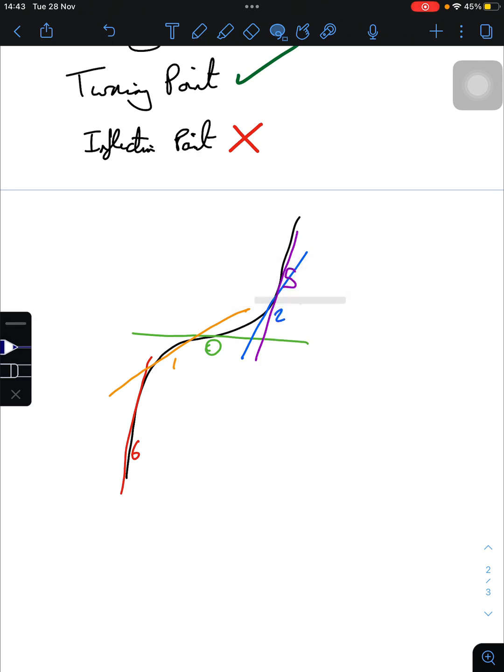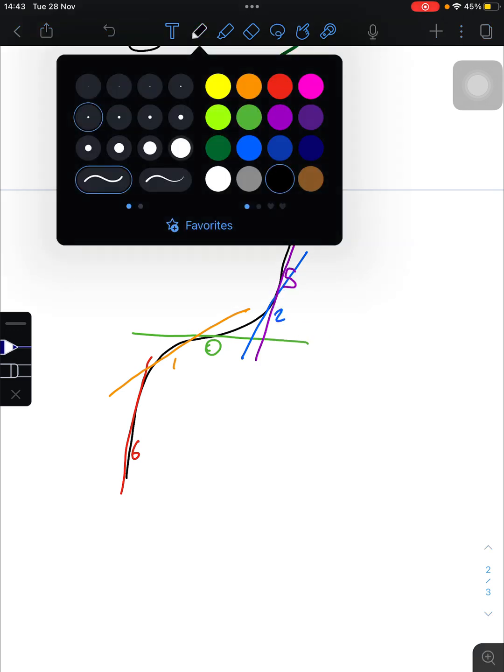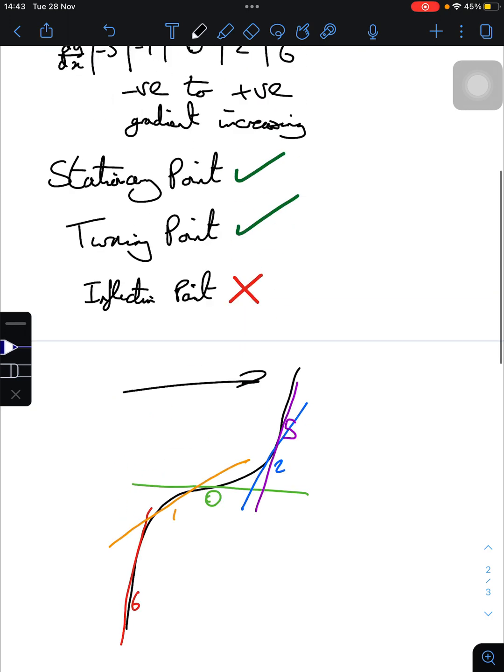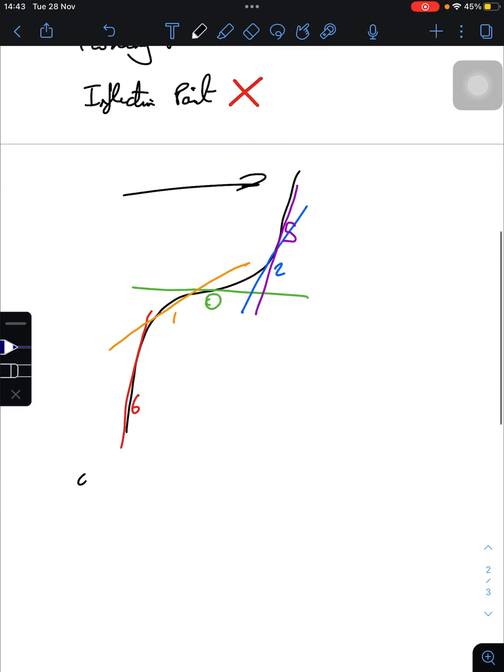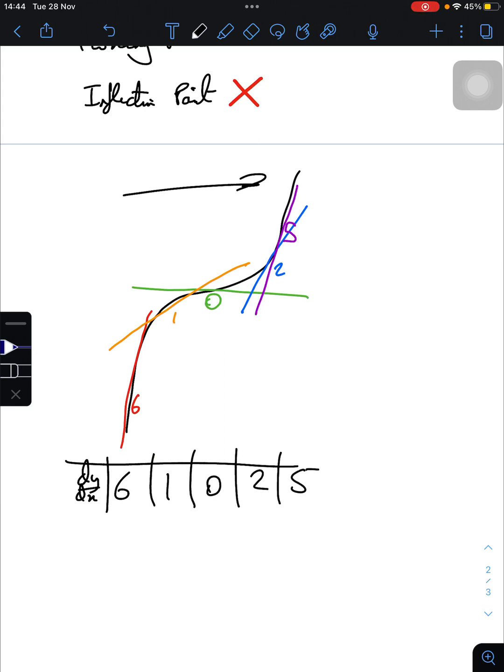So again, we're moving from left to right. And so in this case of this curve, our gradient dy by dx is going from 6 to 1 to 0 to 2 to 5.